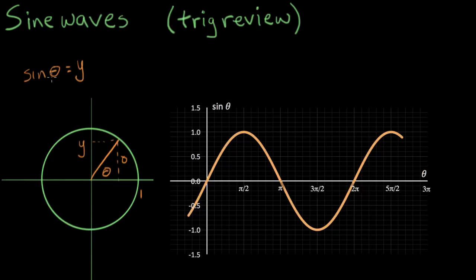So if I plot this on a curve, this is an angle, and I basically go over here and plot it like that. And then as theta swings around the circle, I'm going to plot the different values of y. If it comes over this way, down here like this, you can see that that plots over there like that.